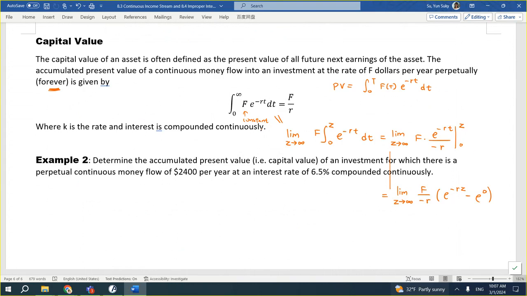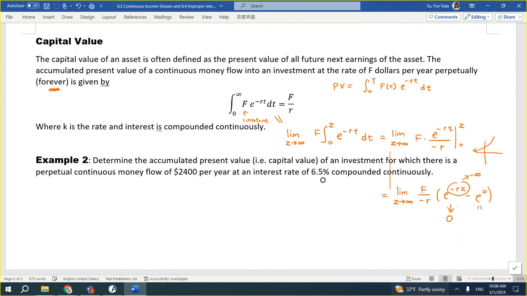Now, the exponential function looks like that, but as z goes to infinity, your minus rz goes to negative infinity, so e to that goes to 0, right? So e to the minus rz goes to minus infinity, and that's why this term goes to 0.